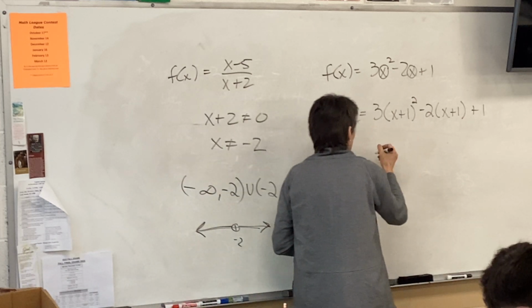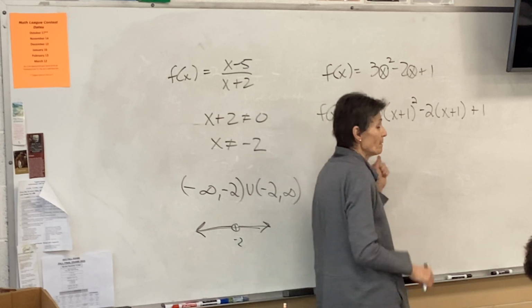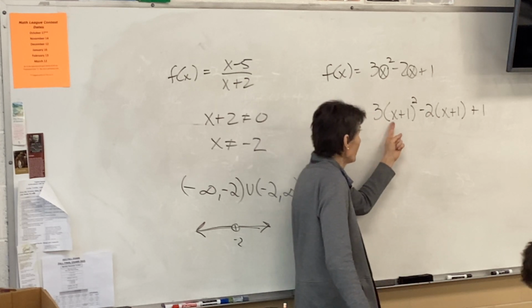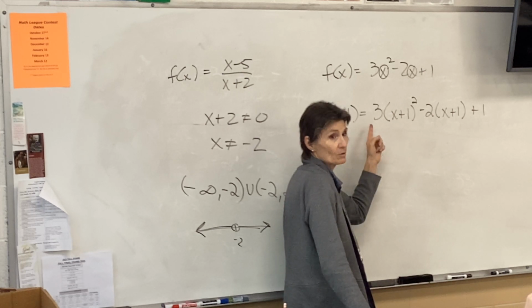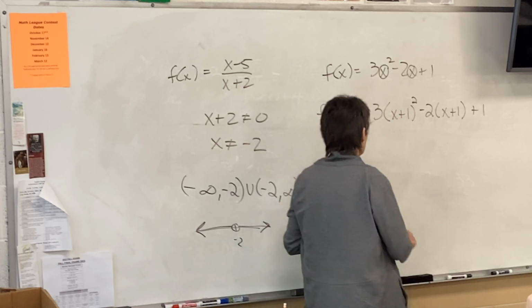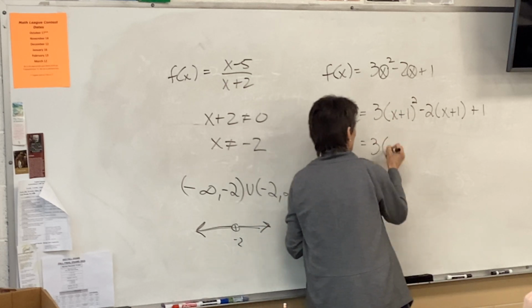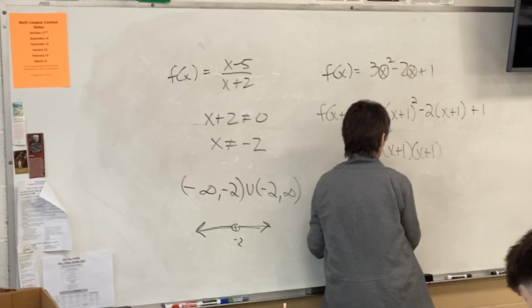Do we distribute first or do we? Oh, no. PEMDAS. What does PEMDAS tell you to do first? Multiply or exponents? Exponents. No, you don't multiply first. You gotta do this first. Okay, so what's x plus 1 times x plus 1? X squared plus 2x plus 1.